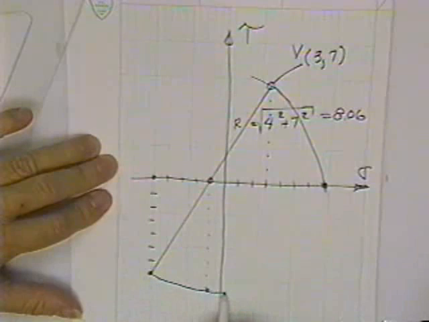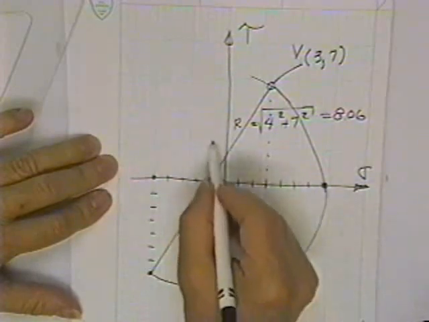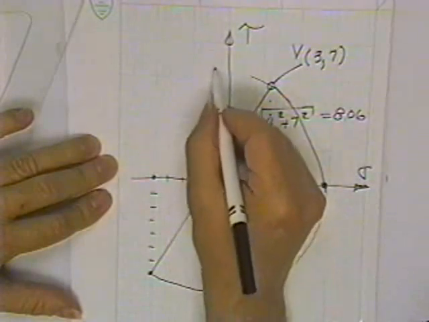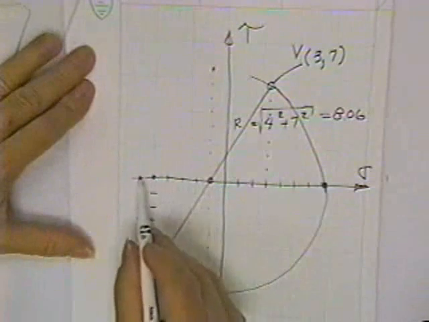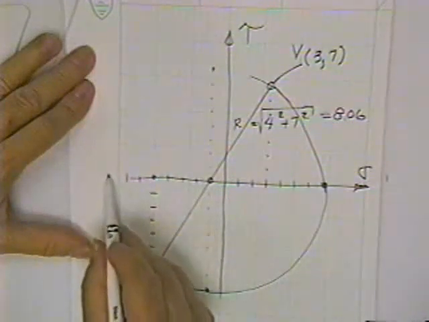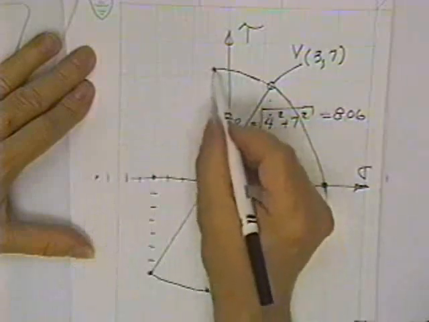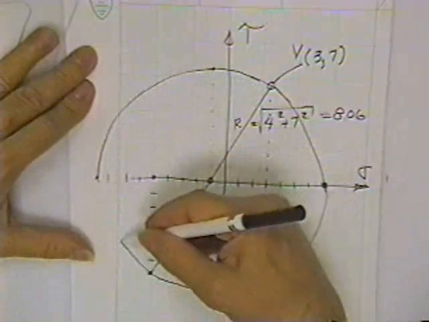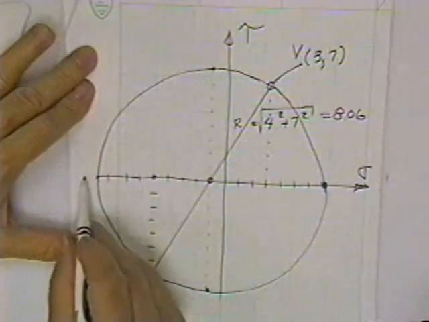This circle goes through that point. I can plot it above here, 1, 2, 3, 4, 5, 6, 7, 8.06. I can plot it to the left, 1, 2, 3, 4, 5, 6, 7, 8.06. Goes through that point. Goes through that point. That's Mr. Mohr's circle.